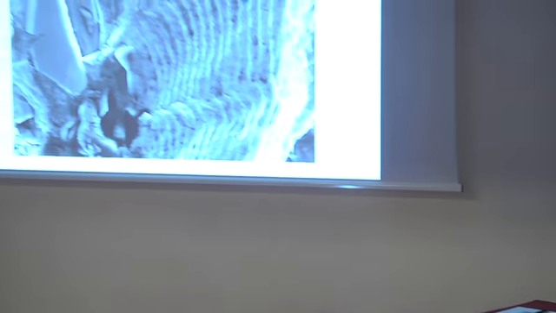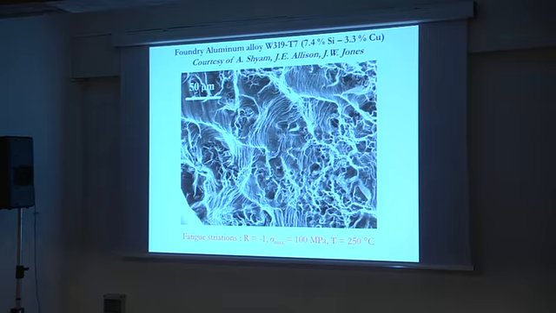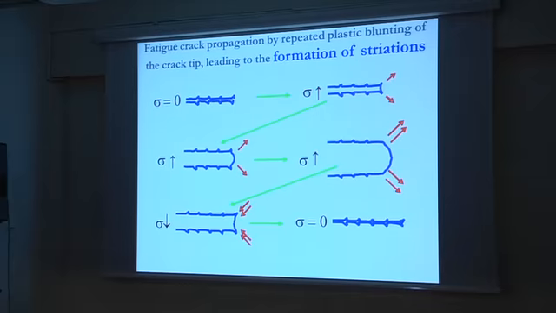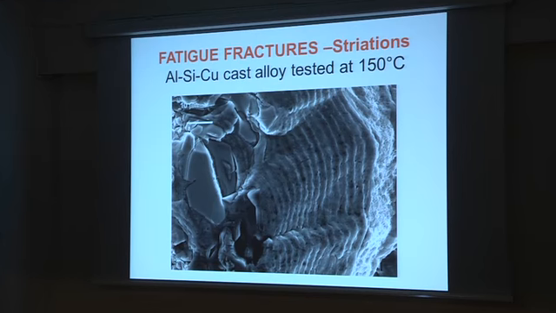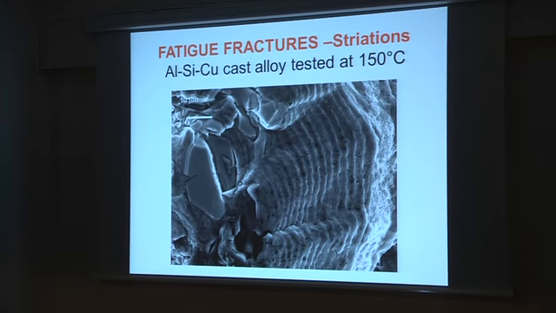For instance, this is an aluminum silicon alloy, a cast alloy, an alloy that is used for engines, for instance, and when it is tested at 150 degrees C, you see striations.